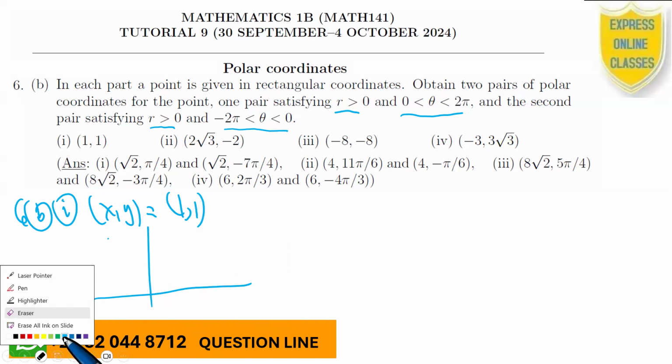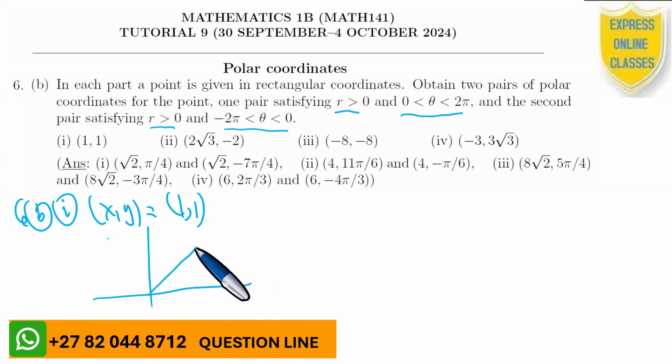You have 1, 1. So now if x is 1 and y is 1, this one is going to be the square root of 2, and then you just need to find the angle there.